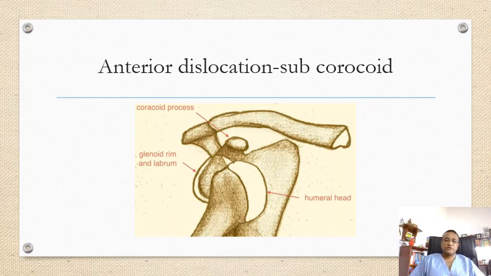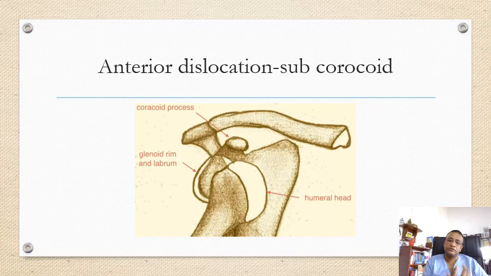What we were discussing here, now the first type, anterior dislocation, what do you call it? Subcoracoid dislocation. So here you can see the humeral head has come anteriorly and is placed beneath the coracoid process, and posteriorly part of the glenoid rim and labrum is visible.